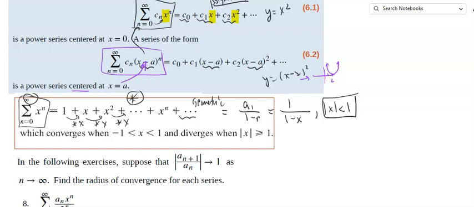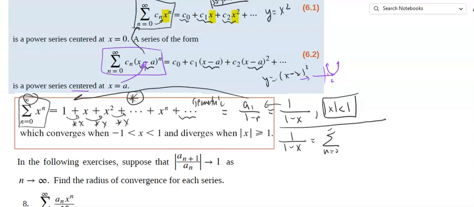And now that we know this, guess what? Anything that looks like this, I can write backwards as a power series, n equals 0 to infinity of x to the n, assuming the absolute value of x is less than 1.